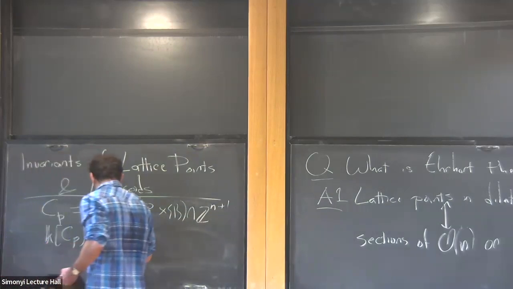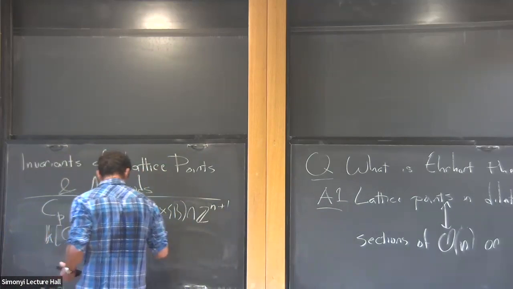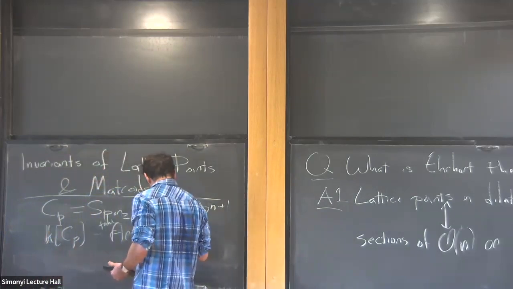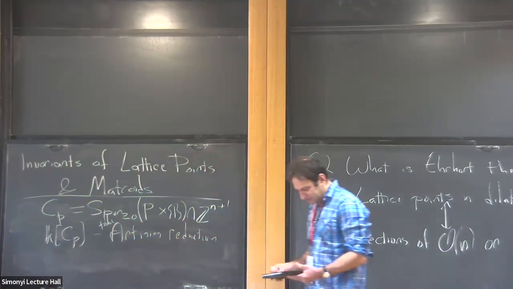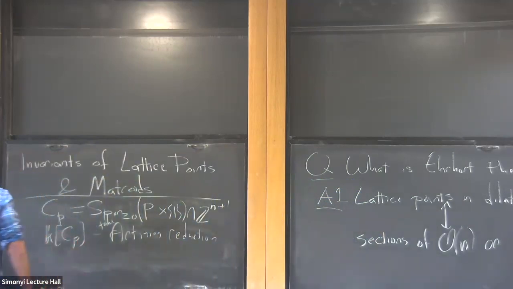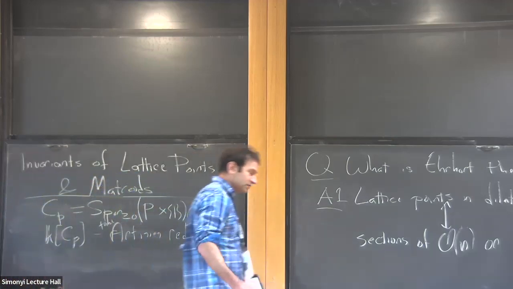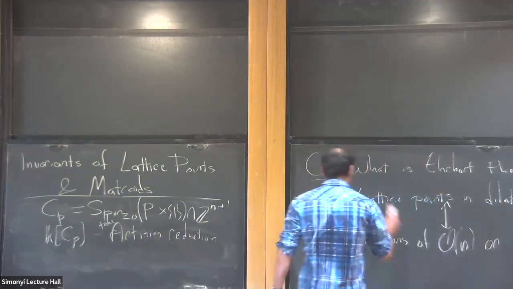Then you can take the Artinian reduction, which just means you mod out by enough linear parameters, and the ranks of that will give you h-star. There's also a geometric interpretation. H-star is really closely related to the cohomology of this open hypersurface V_F.